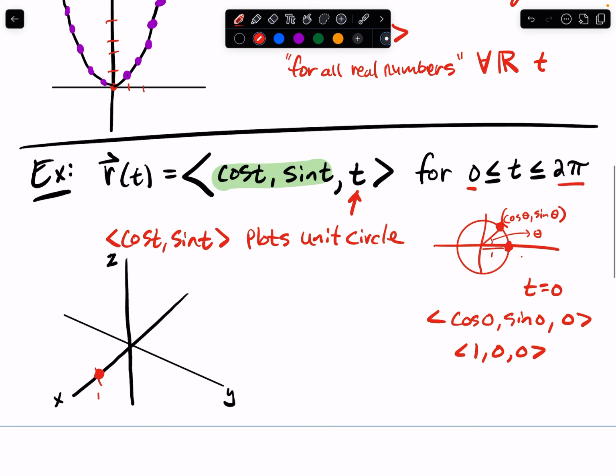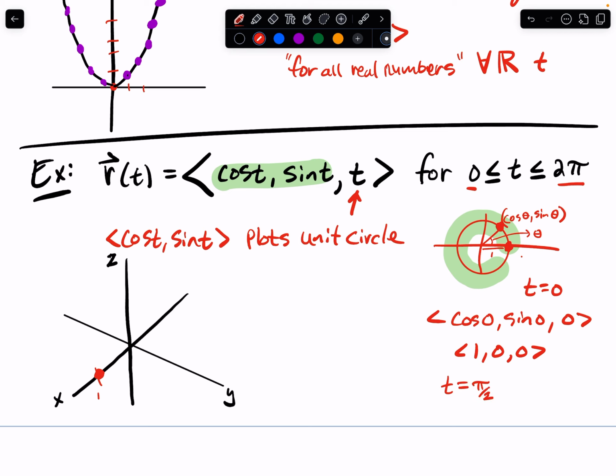Now, what happens? As your t increases, it's turning us around the circle like this. So we're going to go in this direction like that. Okay, so as we rotate around, say we get to t equal pi over 2.